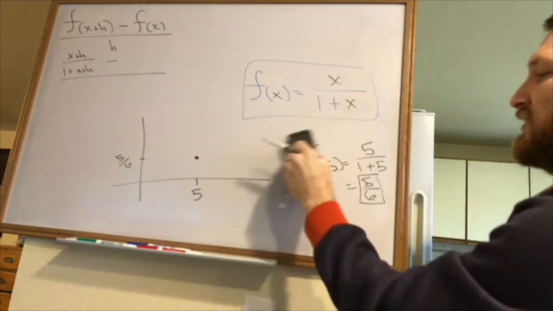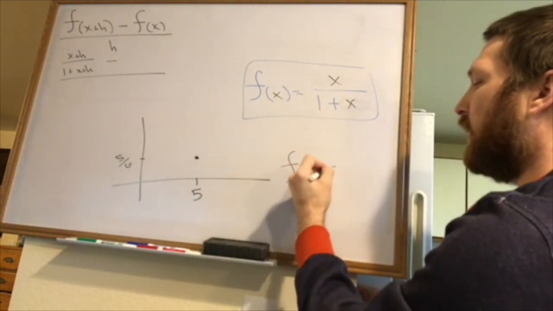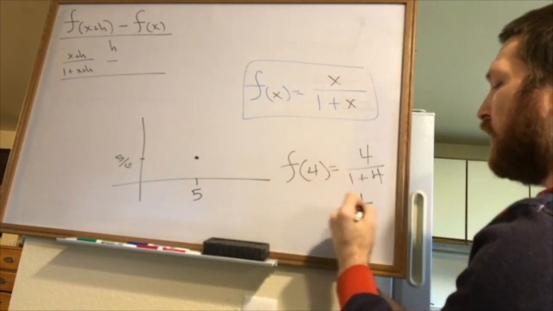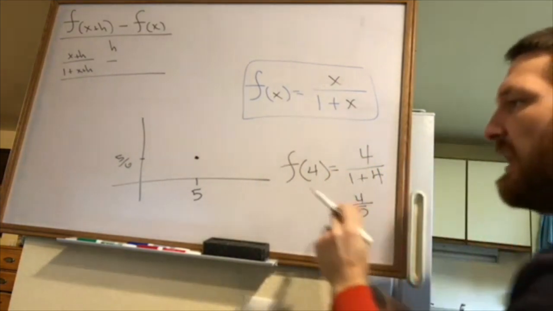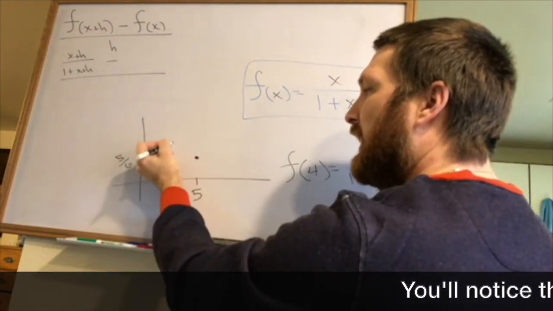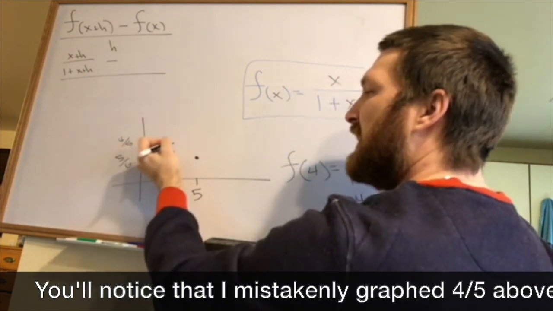And again, if this were, say, 4, I would say, okay, f of 4 is 4 over 1 plus 4, or 4/5. And so then I would be here at 4. I plug in a, say, 4/5, and there you go.